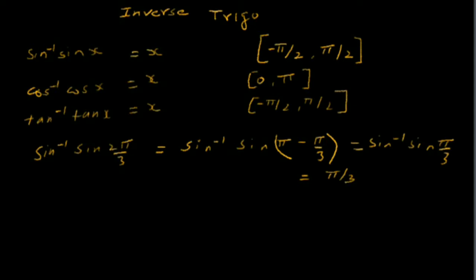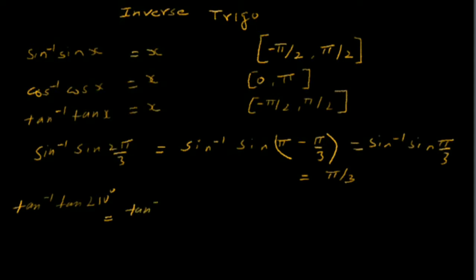Okay, clear? Suppose I have to find tan inverse tan 210 degrees. I am writing in degrees; you can just write in terms of pi. See, it is not between minus 90 and 90, so the answer won't be 210 degrees, it would not just cancel out. We have to bring it into that format.